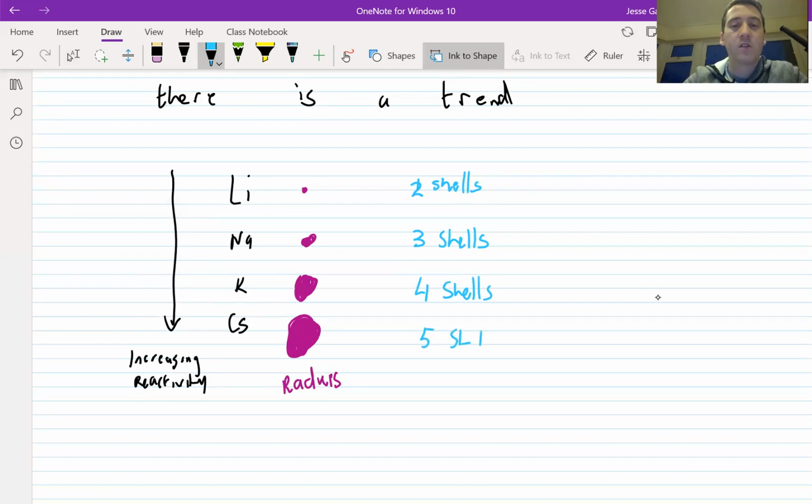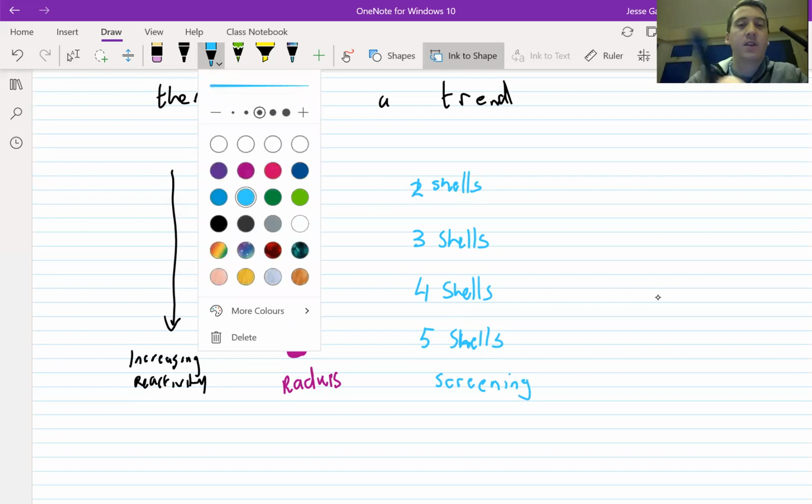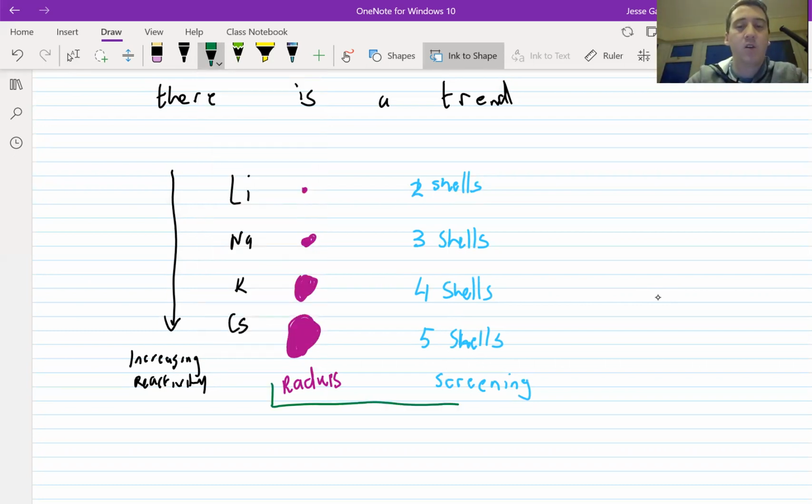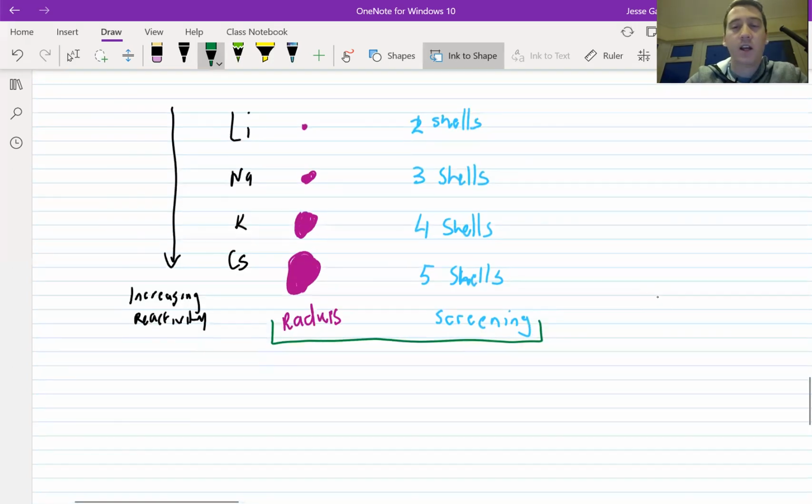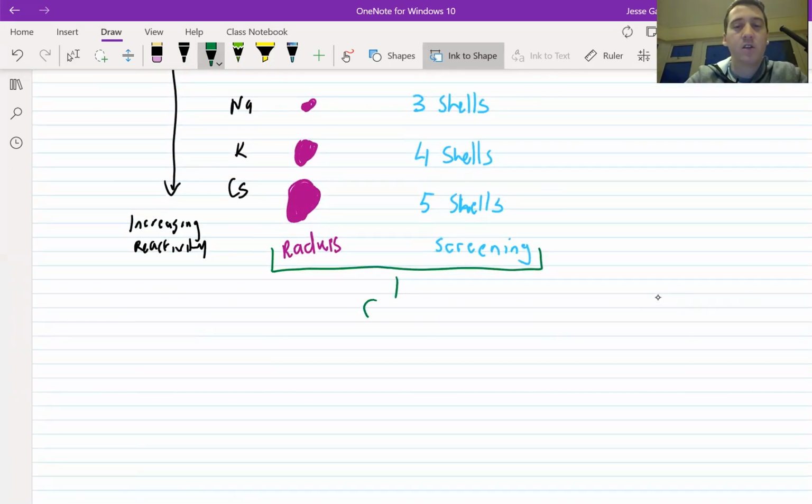What we've learned about shells of electrons is that they increase something called the screening effect. None of this is new; we've been talking about this in the last couple of videos. Together, these two combine to have an impact that we call the first ionization energy.